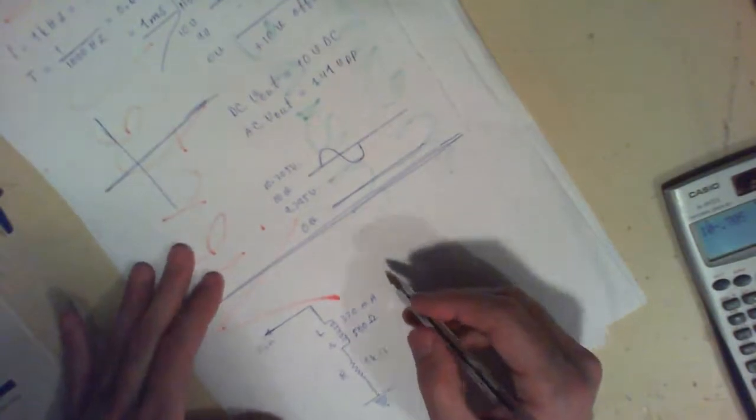Now the input over here is like this. So you have a signal coming in like this, and this is 10 volts. Over here you have 12 volts, and over here you have 8 volts.